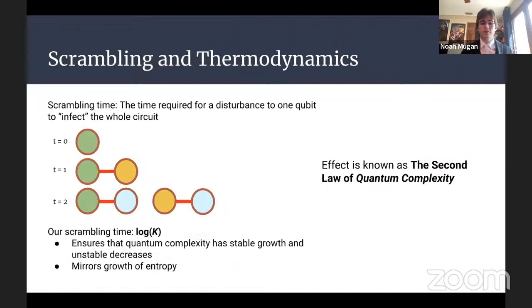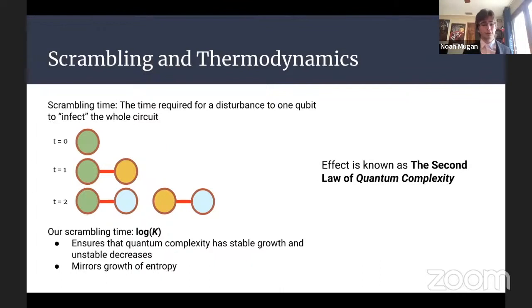First, we can cover how these random quantum circuits exhibit scrambling. Essentially, scrambling is the time required for a disturbance to one qubit to infect the whole circuit. Imagine that some outside disturbance changes the state of a certain qubit. The type of disturbance doesn't matter; it'll just flip the qubit or change its phase or something like that.